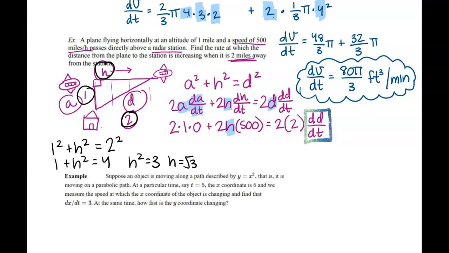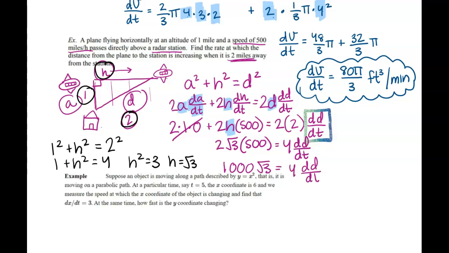So then we can go back to our equation here. This goes to 0. So we have 2 root 3 times 500 equals 2 times 2, which is 4, times dD/dt. So 2 times 500 is 1,000. We have 1,000 root 3 equals 4 dD/dt.